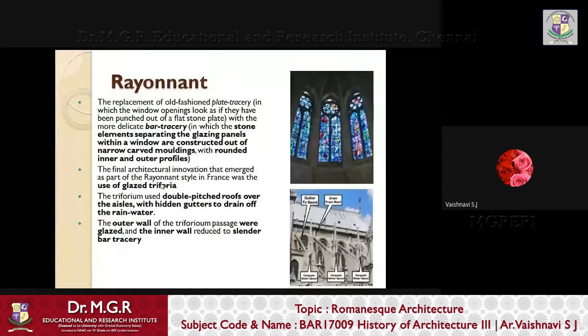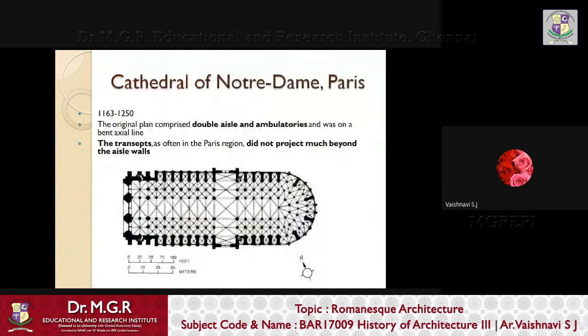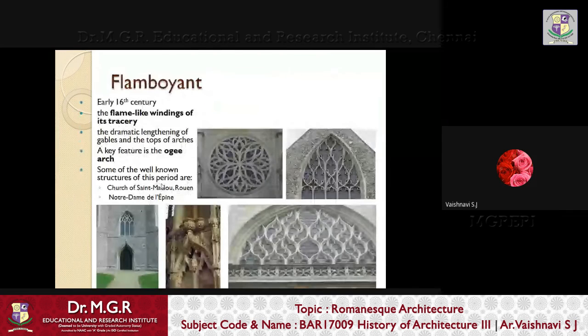The gutter was running through the structure to drain the rainwater. And the outer wall of the triforium was glazed, and the inner wall was reduced to slender bar tracery. Okay, this one is the Flamboyant structure.